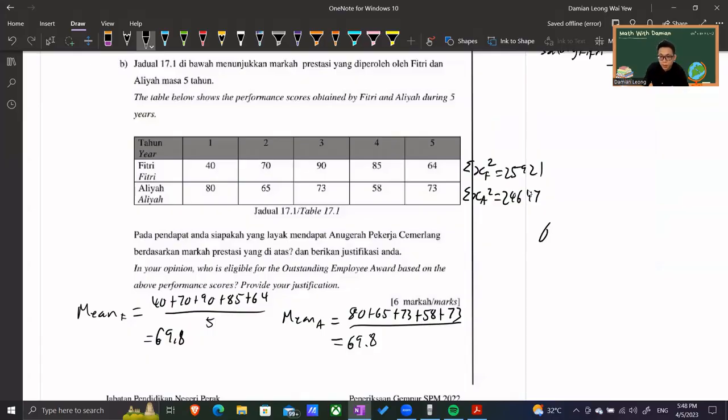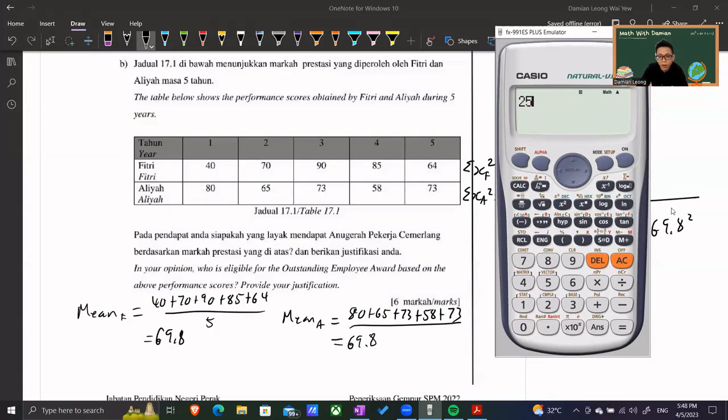So standard deviation for Fitri, 25921 over n, 5, minus mean square, whole thing square root.